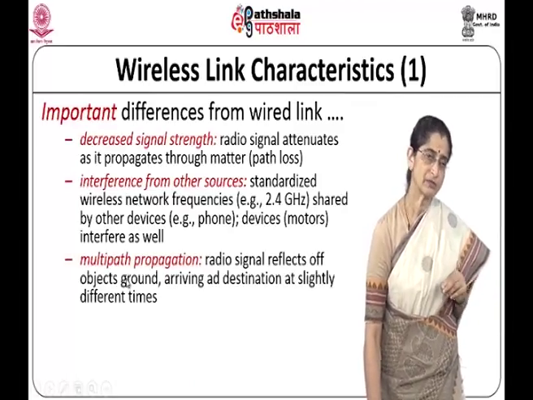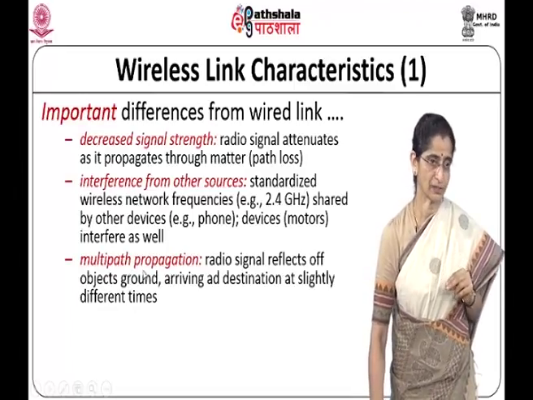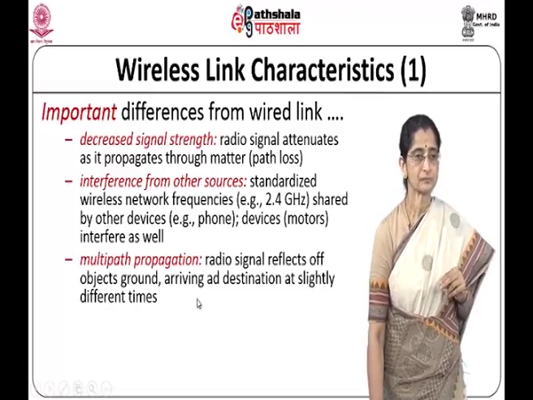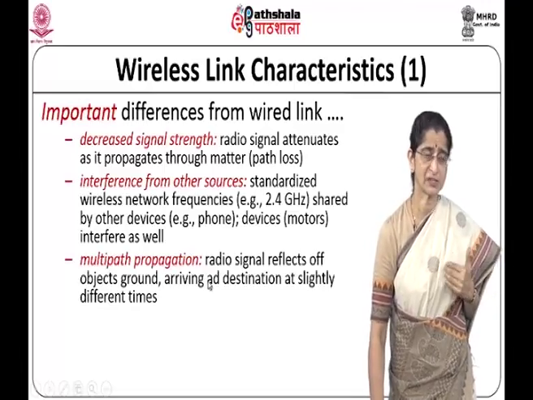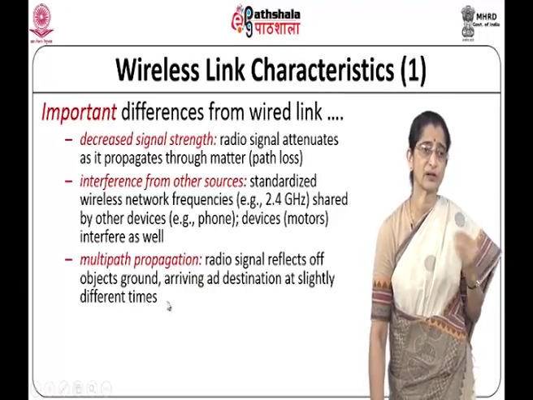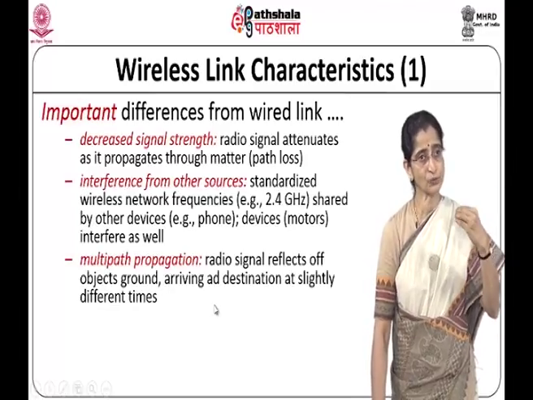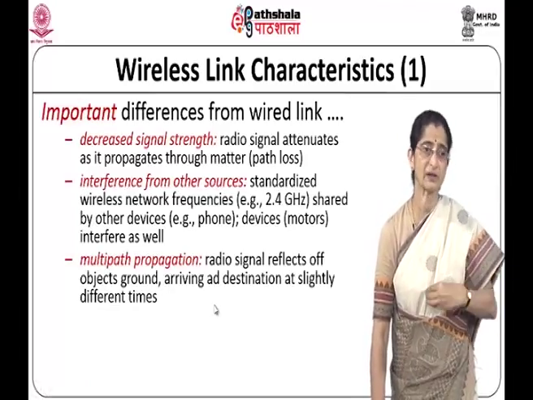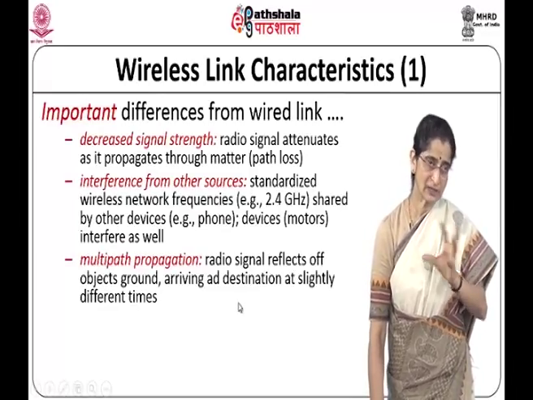Another problem that we face when we talk about wireless transmission is the multipath propagation issue. Basically, when radio signals are transmitted, these signals can reflect off various surfaces, such as objects on the ground. These reflected signals appear at the destination at slightly different times.